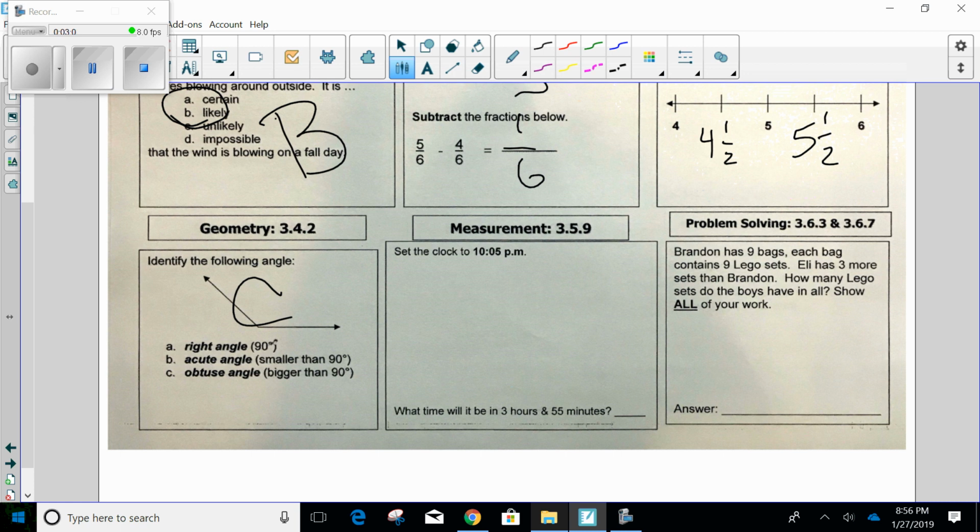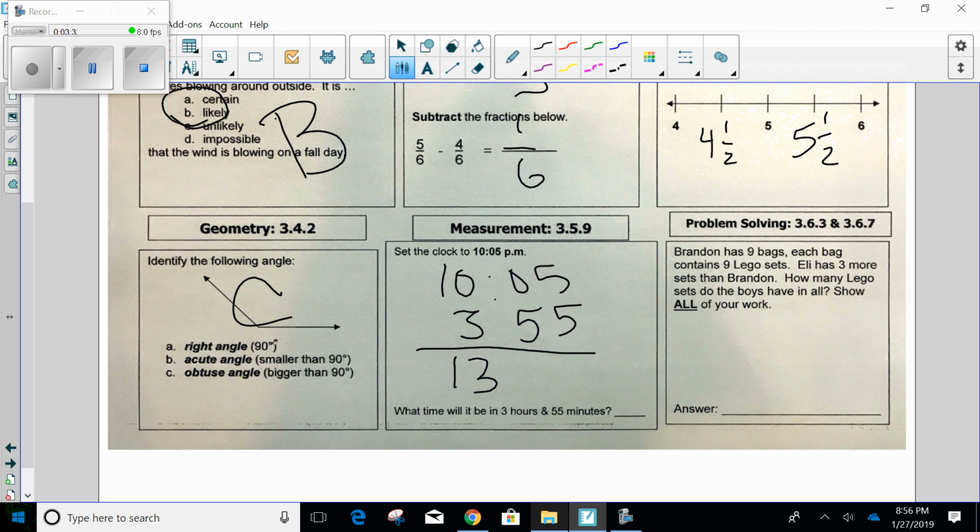Set the clock at 10:05 p.m. What time will it be in 3 hours and 55 minutes? Well, let's look at this. We have 10:05. Now, if I add 3 hours to that, that would be 13.